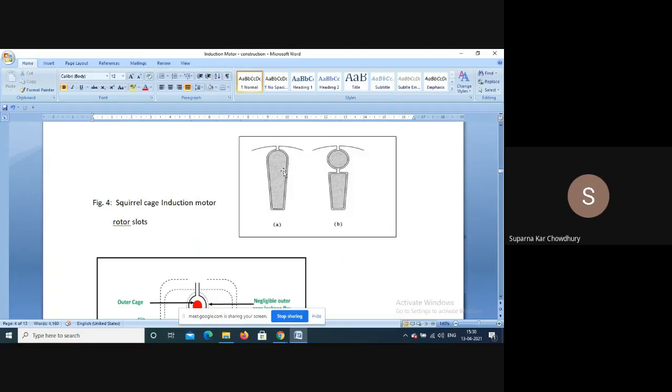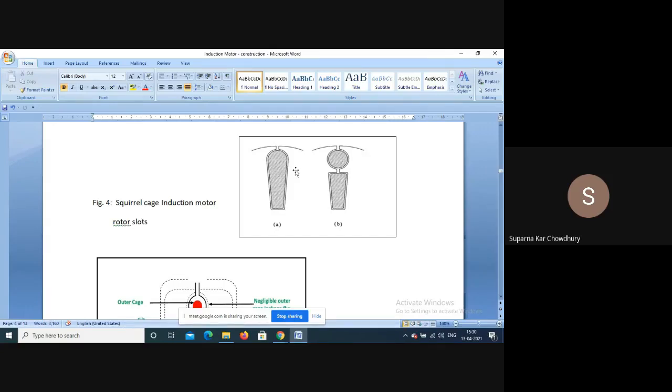The effect is that as the current flows through here, the effective copper area reduces, so the effective resistance increases. So this uneven current distribution during starting is utilized to have a high resistance during starting.